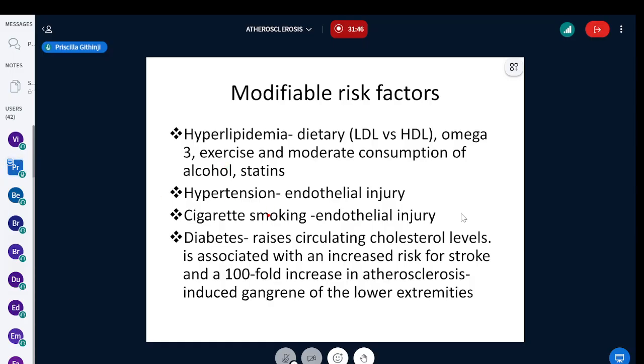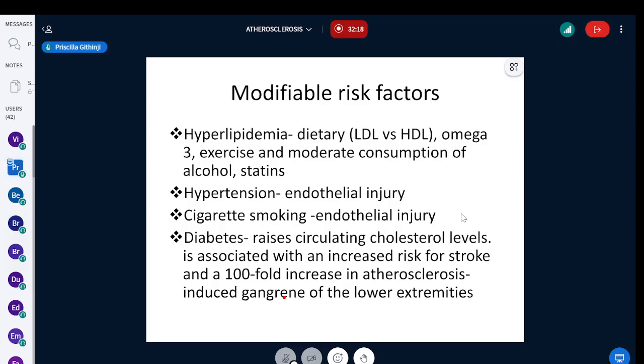Of course, cigarettes have toxins that cause endothelial injury, and this is usually the propagating event that leads to atherosclerosis. Then diabetes is also another risk factor. What diabetes does, it raises circulating cholesterol levels, and diabetes itself is associated with an increased risk for stroke and a 100-fold increase in atherosclerosis-induced gangrene of the lower extremities.